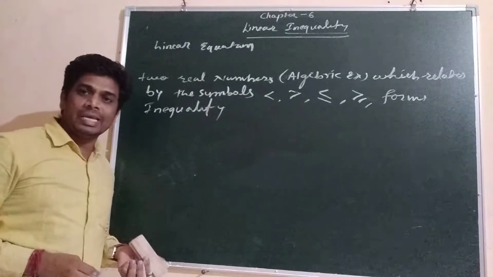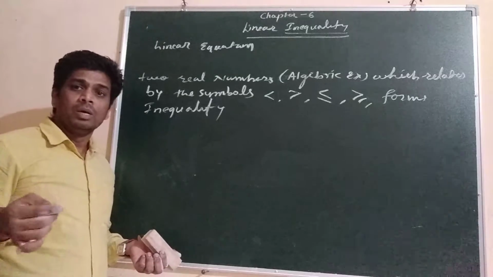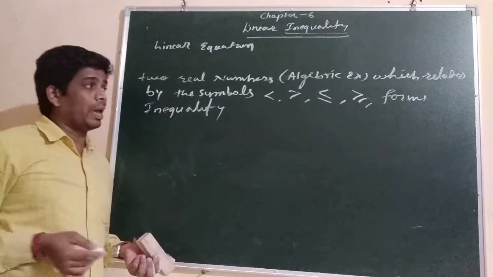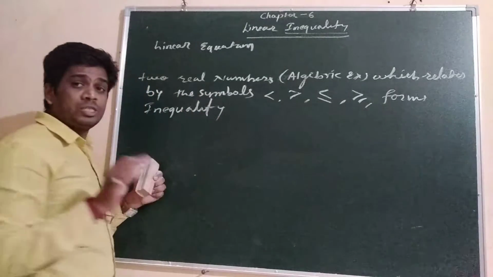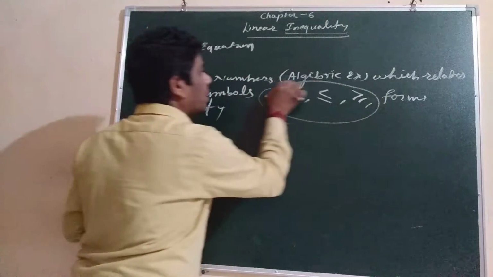And it is linear because the highest power of the variable is 1. That's why it will be a linear inequality, where instead of the equal to sign there will be used any one of the symbols.